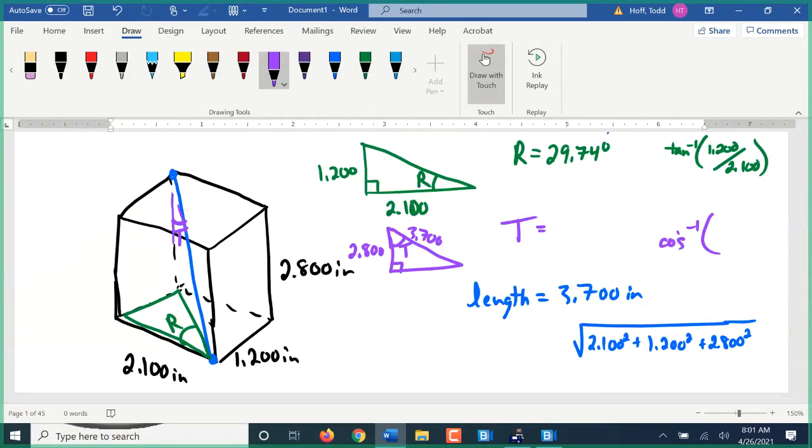A would have been inverse sine. So inverse cosine of what? Goes on top. Okay, good. Over 3.7, giving us an angle of 40.3.